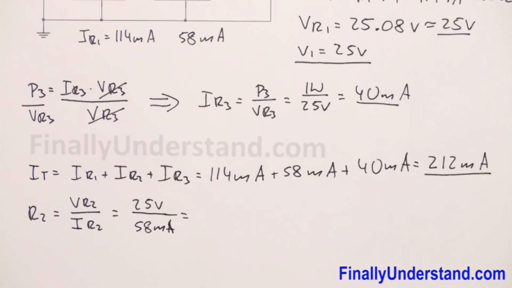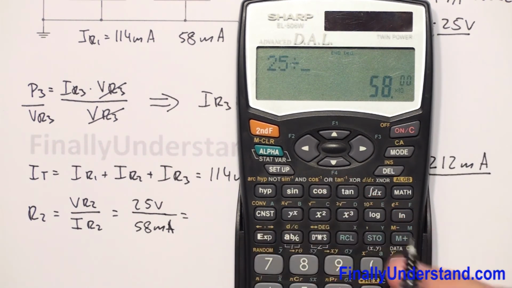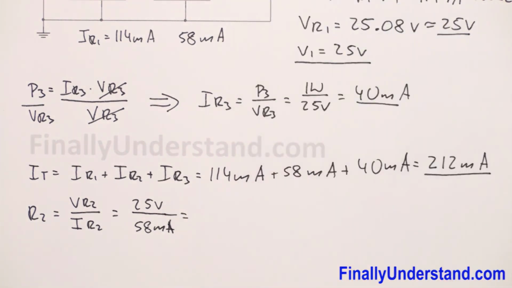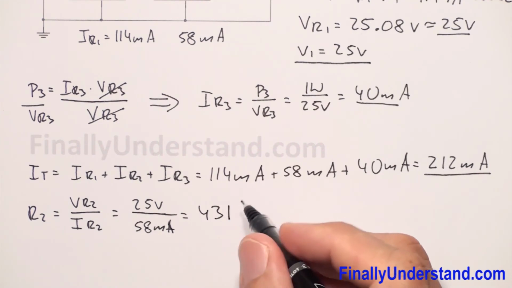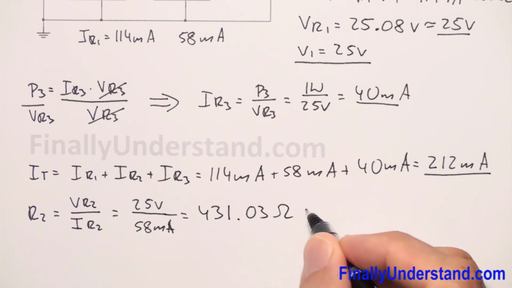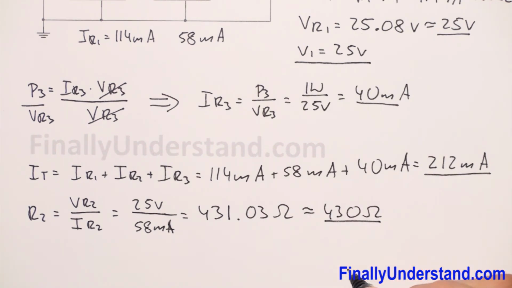So this is equal to 25 divided by 58 times 10 to the negative 3, which is equal to 431.03 ohms. We can say this is approximately 430 ohms. We found R2.